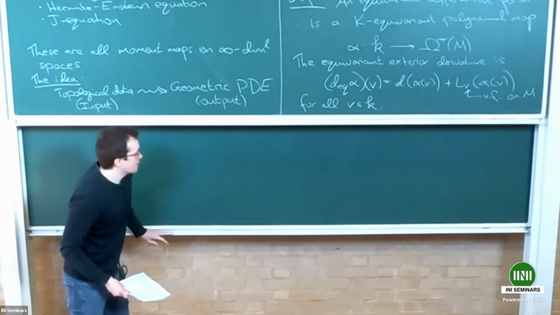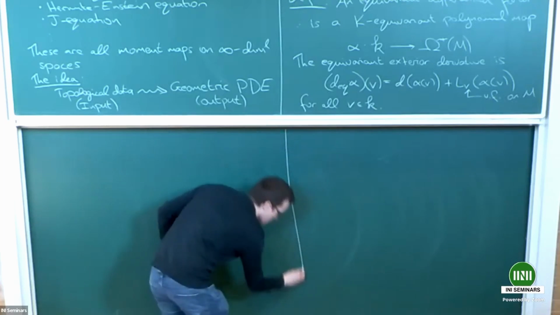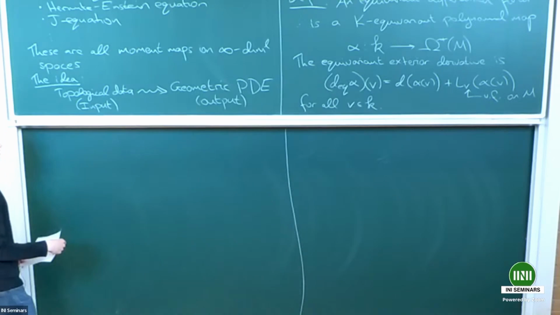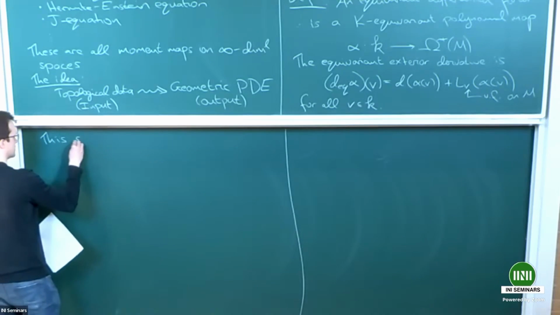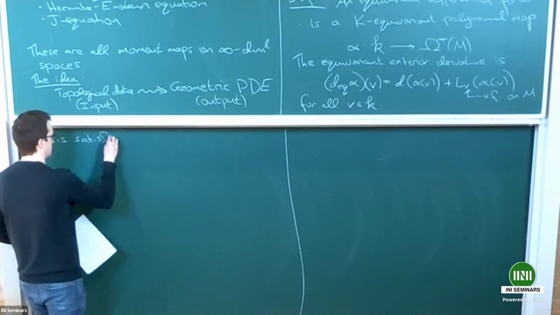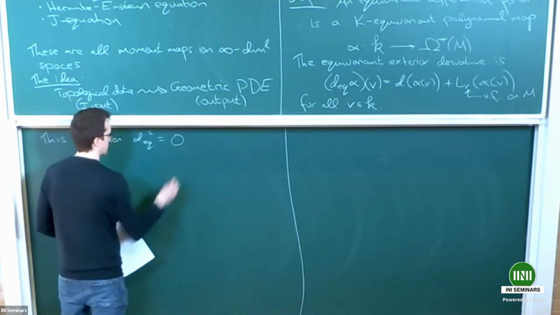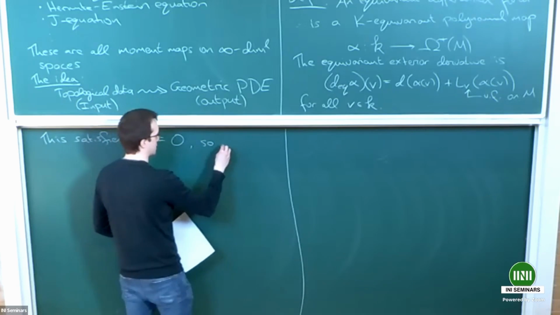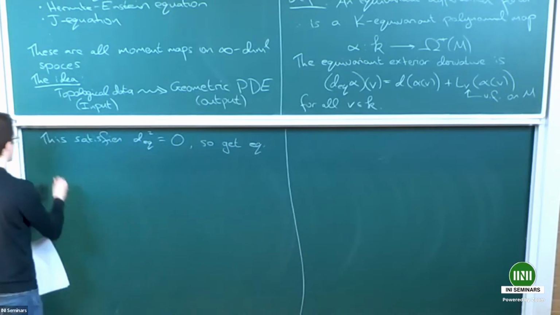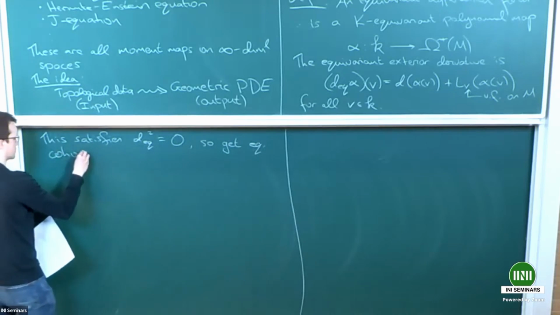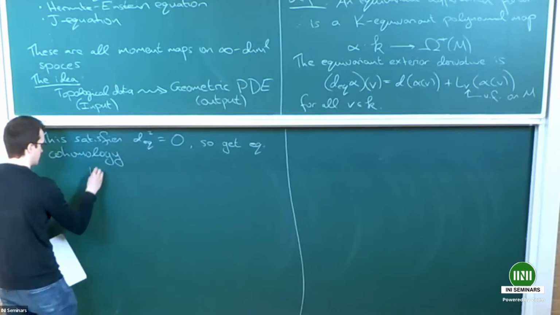So I have equivariant differential forms, and on those I have an equivariant exterior derivative. So this satisfies d_K squared is equal to 0. So we get equivariant cohomology, defined as follows.